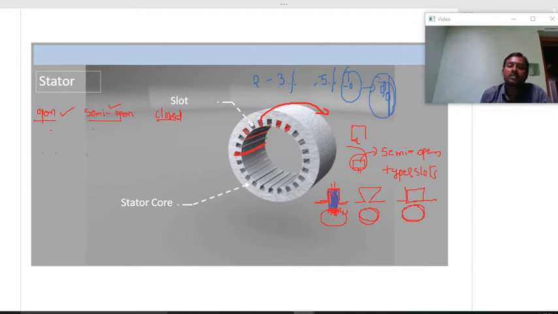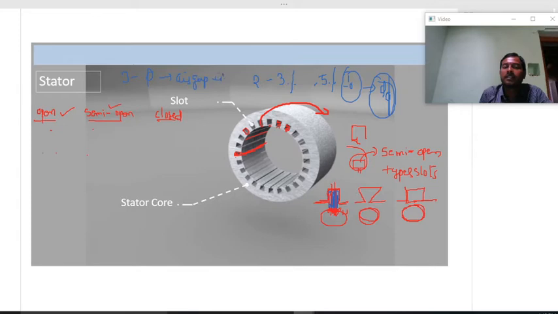But in the induction motor, we should consider the excitation current, because stator and rotor must differ by some gap, then only the rotor will rotate inside the stator. The gap is available, so definitely we should provide the gap, then only the rotor will rotate. Why I am explaining that is because in the three phase induction motor, air gap is necessary.